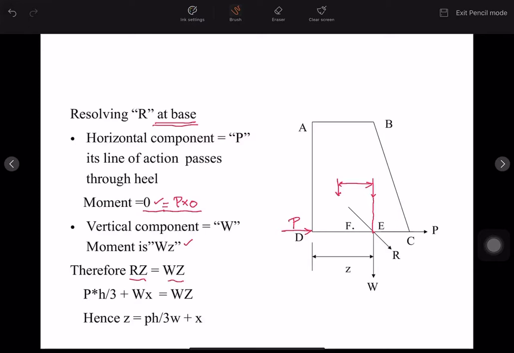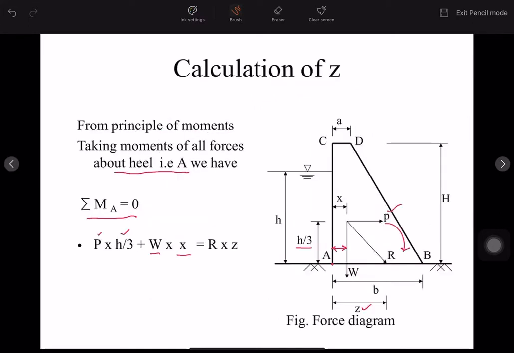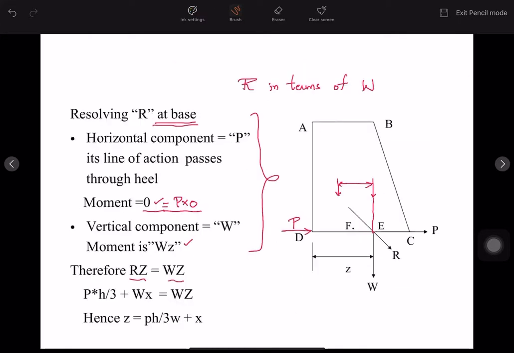Because of this relation, we can write R in terms of W. To substitute the R value here, we have taken this condition.